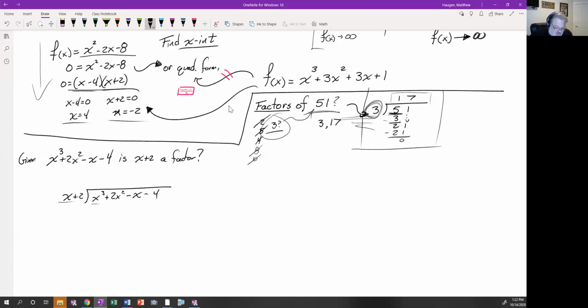When we make choices in polynomial long division, if we only focus on those lead coefficients, we never have to worry about getting close to something. We can get exactly on values. So for example, what do I have to multiply by x to get x to the third? Well, we can multiply by x squared, right? That's going to give us exactly x to the third.